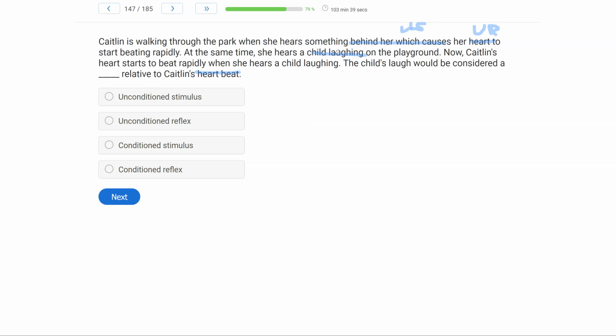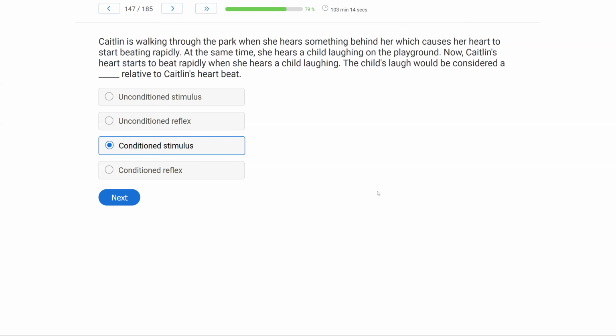So since that child laughing is now eliciting the heartbeat, what has that child's laughing become? Well, it's changed from a neutral stimulus to a conditioned stimulus. And now Caitlin's heartbeat in that context is a conditioned reflex. And so the child's laugh is now considered a conditioned stimulus in this context.